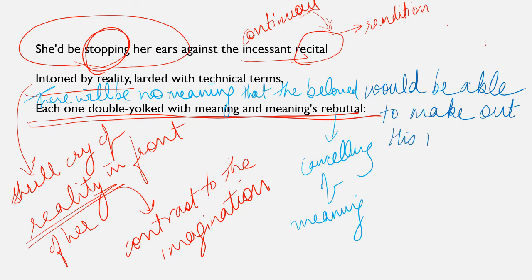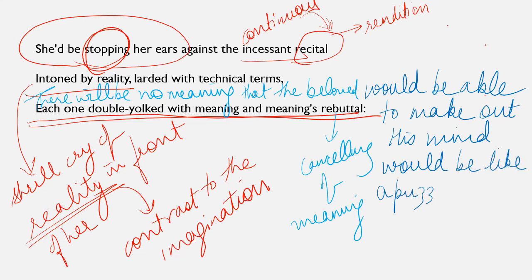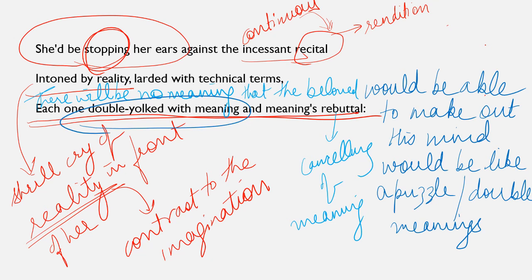His mind would be like a puzzle. It will be filled with double meanings. He says double yoked with meanings. So many double meanings. It will be like a puzzle, and she would not be able to make out any meaning at all.